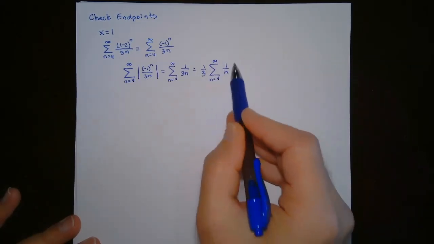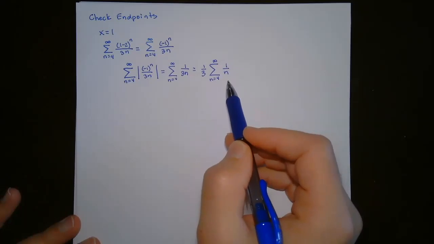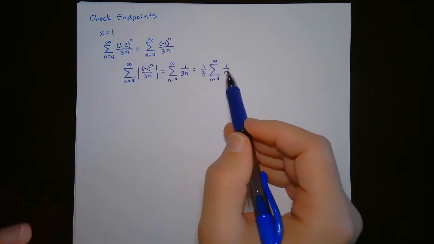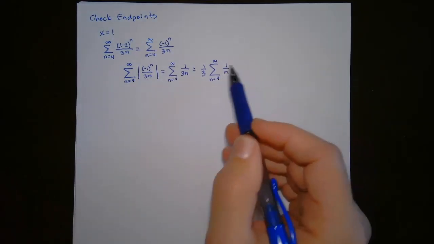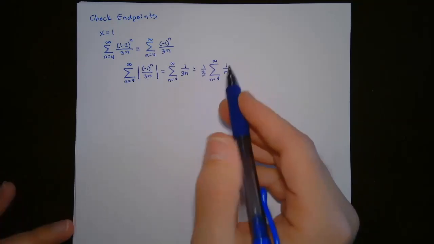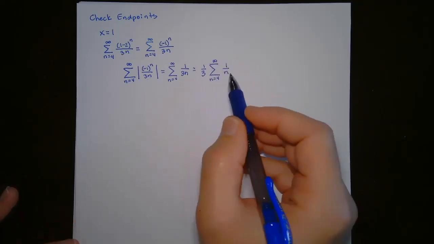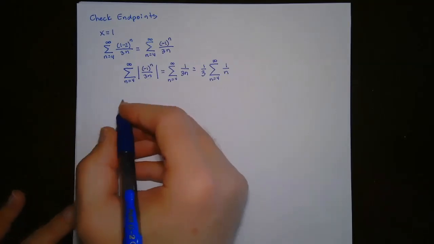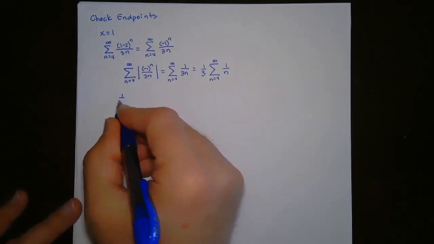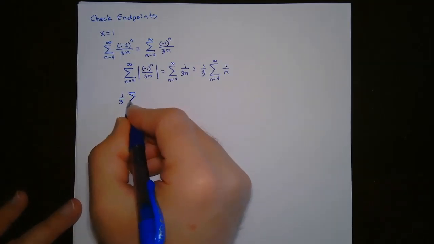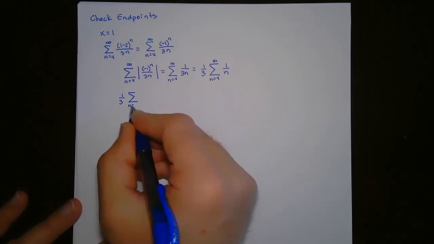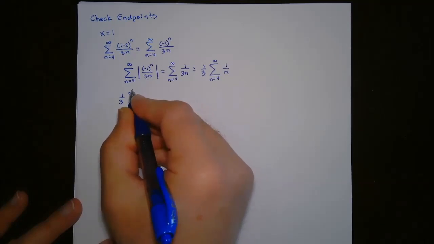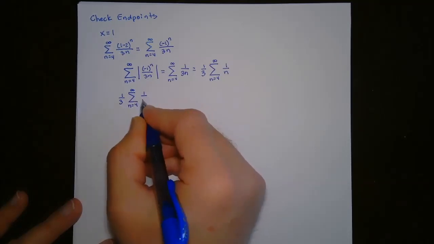What do we know about this series? Well, that's the harmonic series, right? And since it's the harmonic series, we know the harmonic series diverges. So this would have to diverge because this one's the harmonic series, and we're just multiplying the harmonic series by 1/3, okay? All right, so we have 1/3 sigma n equals 4 to infinity of 1 over n.